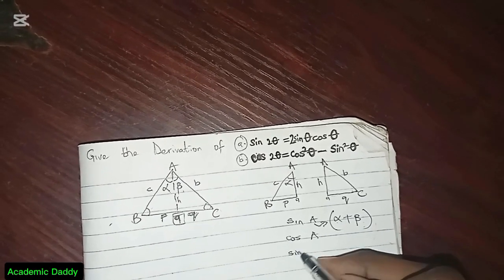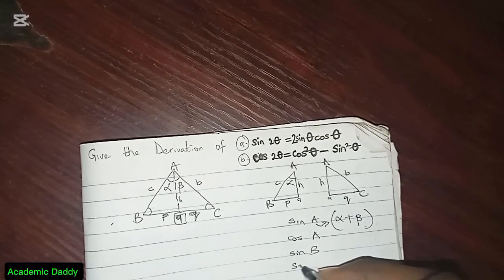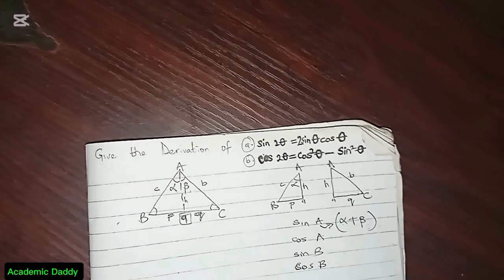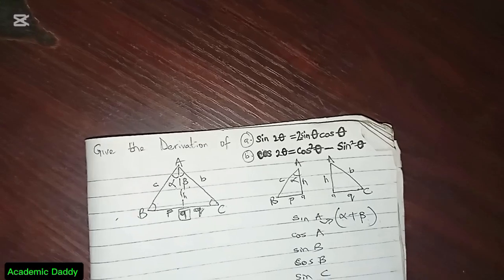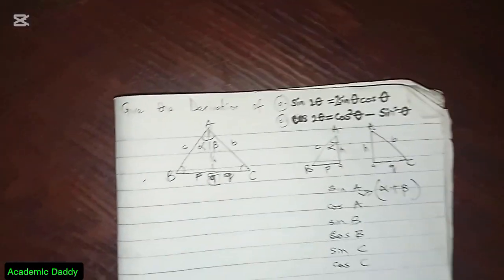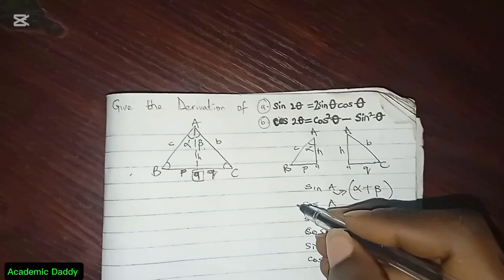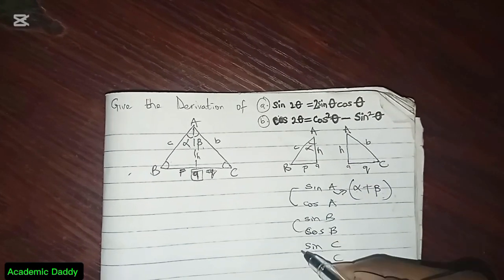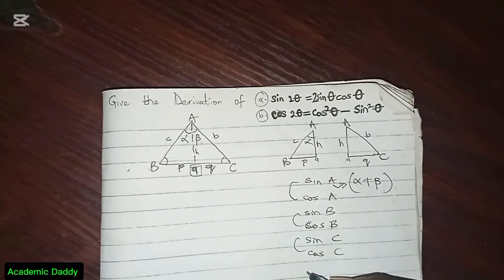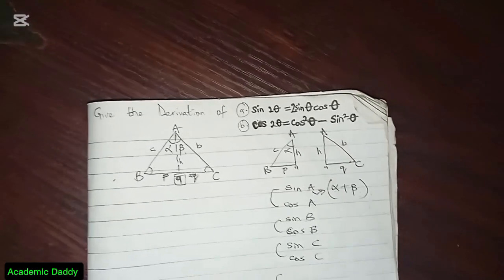Also get sin B, cos B, then get sin C, cos C. So these are the things I want to do that make me do this. And when I'm done with that, I'll still get the Pythagorean identities.